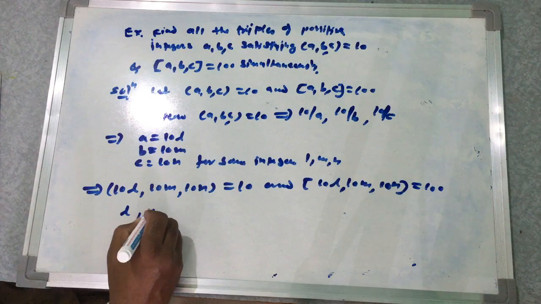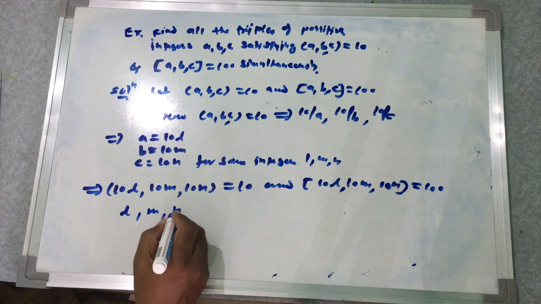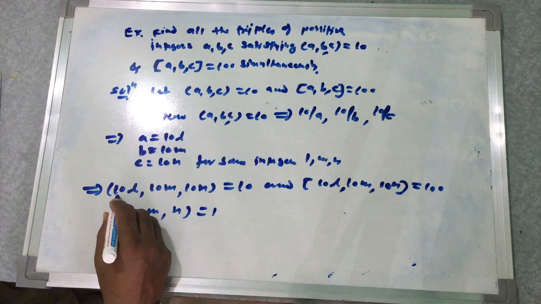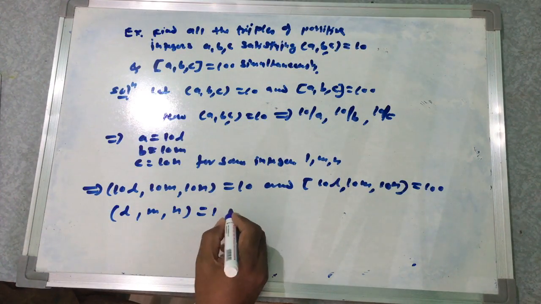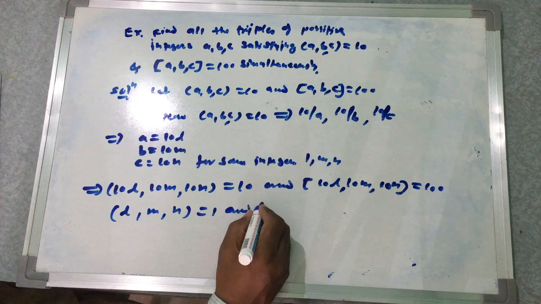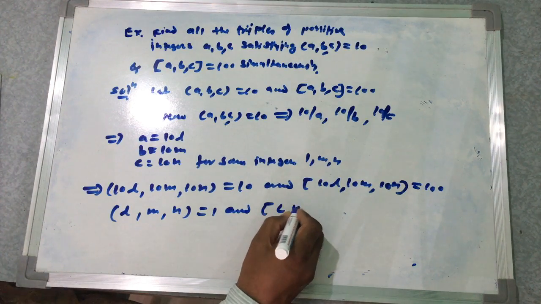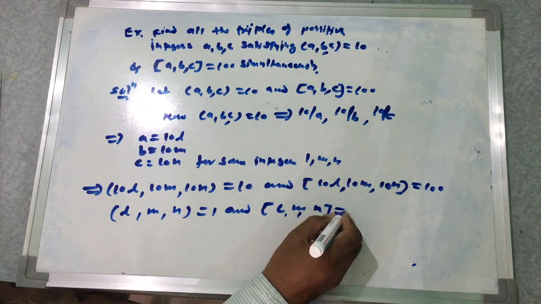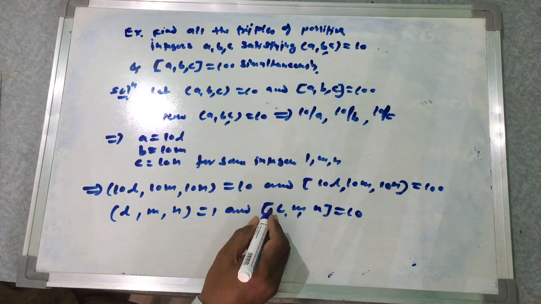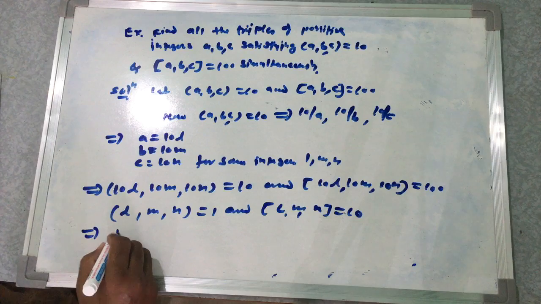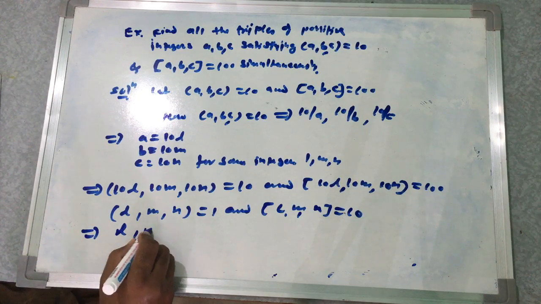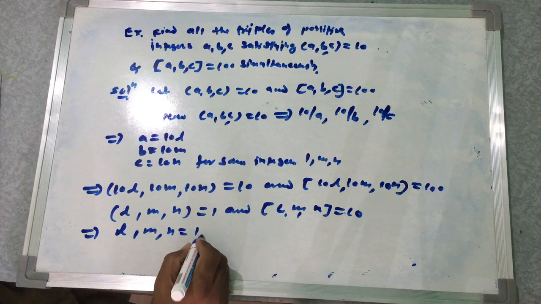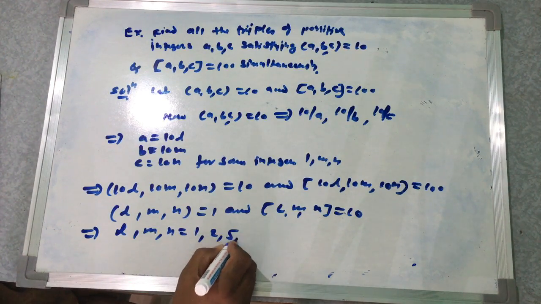So in this way (l, m, n) is equal to 1 and [l, m, n] divided by 10 is equal to 10. So this is l, m and n taken from 1, 2, 5, 10.